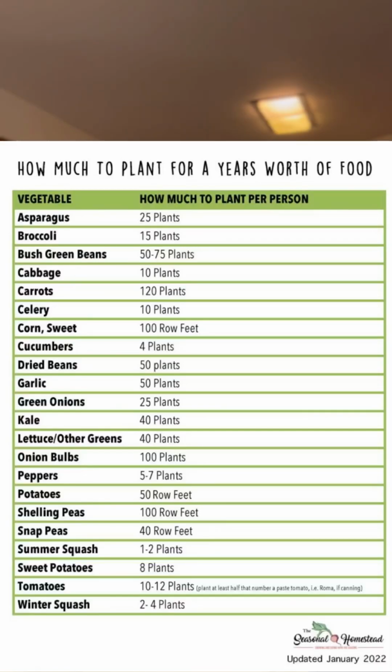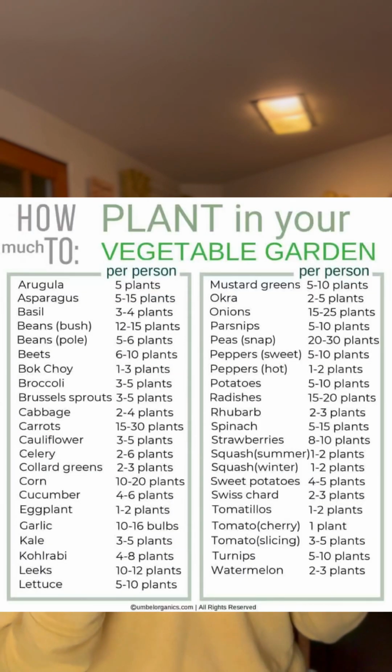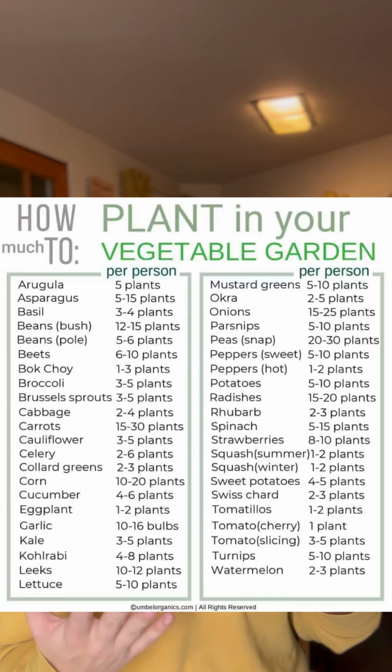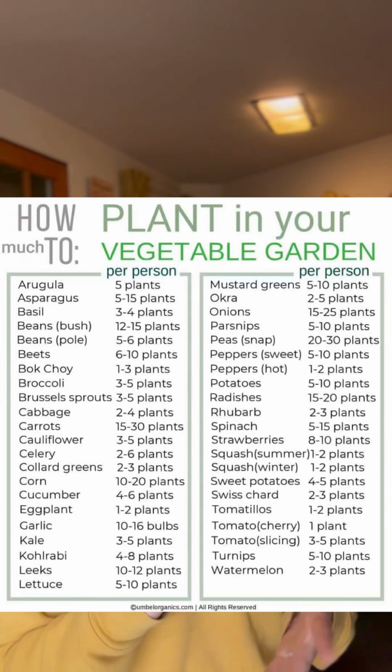I will put a few charts up throughout this time, and they're all different, and of course it's going to vary by household, because if you guys eat a lot of potatoes, then you're gonna maybe need to plant more. If you don't eat potatoes, maybe don't plant as many. Same with carrots, tomatoes, everything else. Just take into account what you eat and what you don't eat. Obviously, if you don't eat eggplant, probably don't plant eggplant.